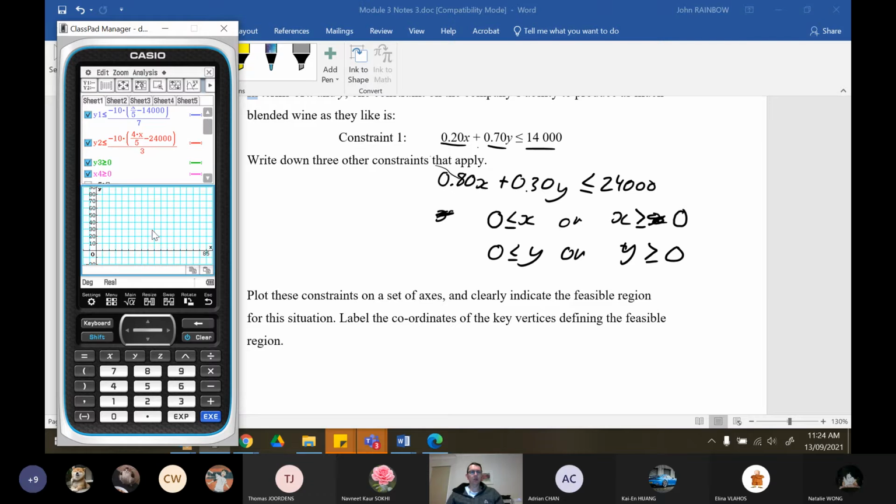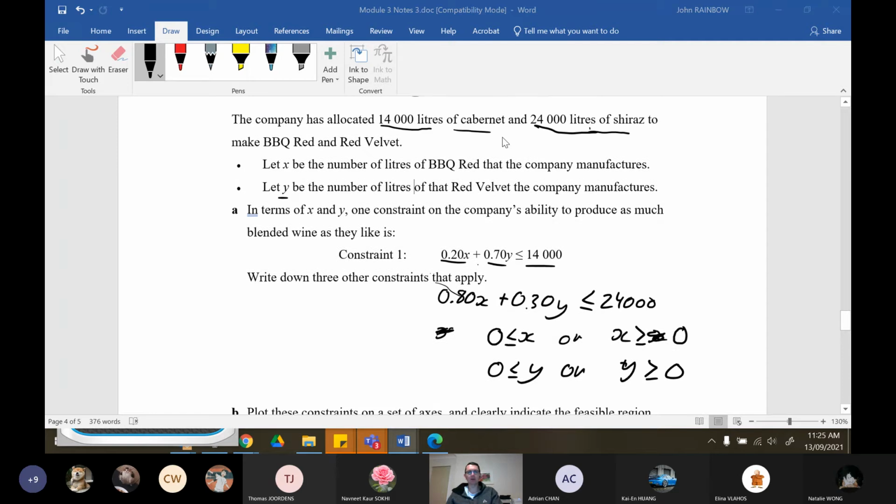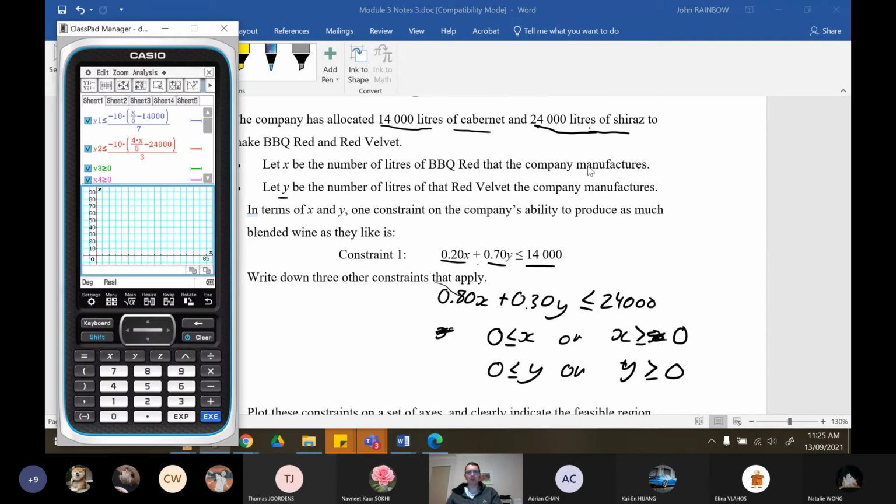Now, before I graph this, hopefully you guys are sort of caught up with me. I've got to think about it. X and Y represent what? X and Y represent the number of liters of barbecue and velvet, right, we can produce. Now, remember before, I know that's about 30,000 here.